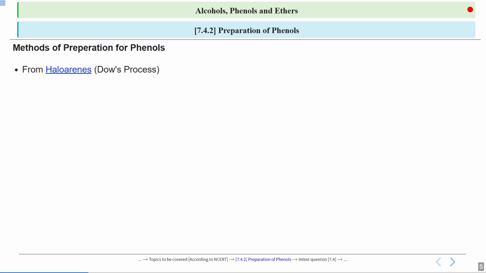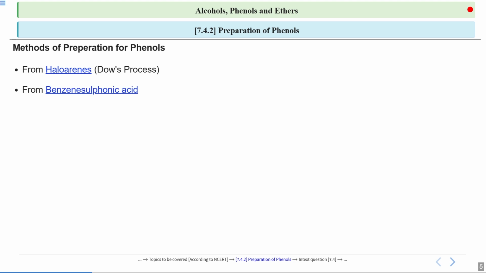First method is from haloarenes. From the haloarenes, we can also prepare the phenols, and this process is known as Dow's process. Haloarenes means the arene, that means benzene ring, attached with a halogen. Second method is from benzenesulphonic acid.